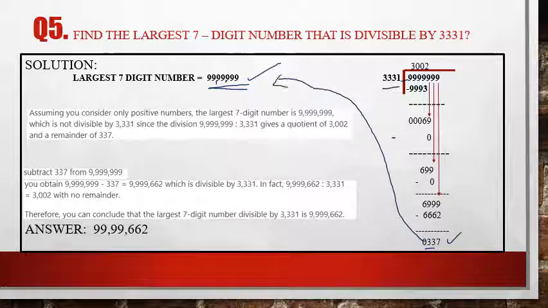As you can see, I have shown the calculation here. After subtraction, you will get the answer 99,99,662. So this is your largest 7-digit number which is exactly divisible by 3,331.